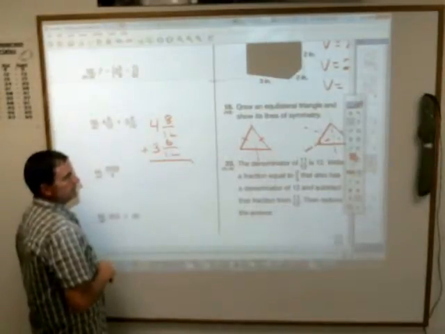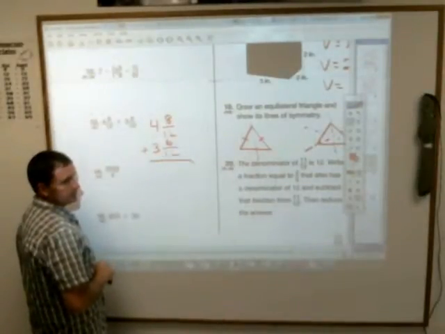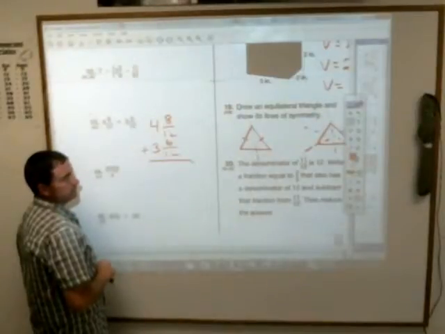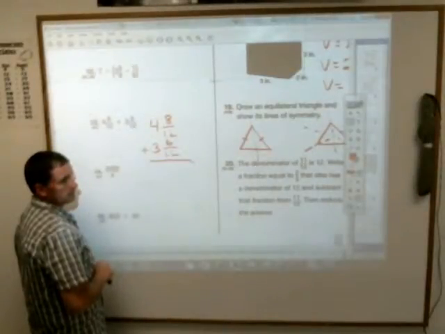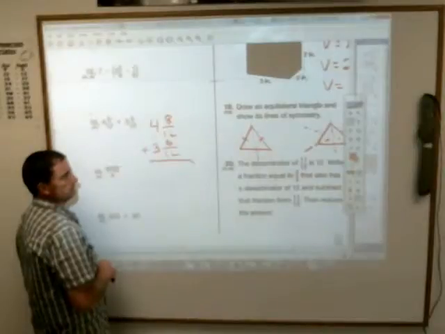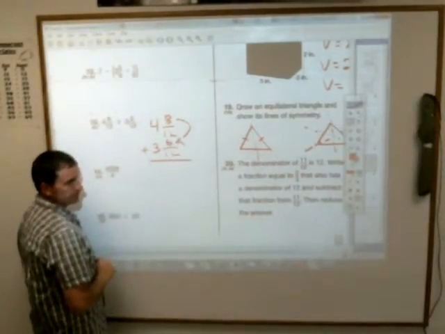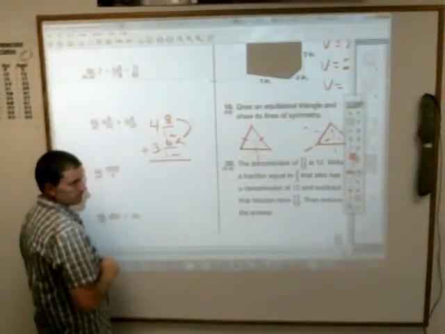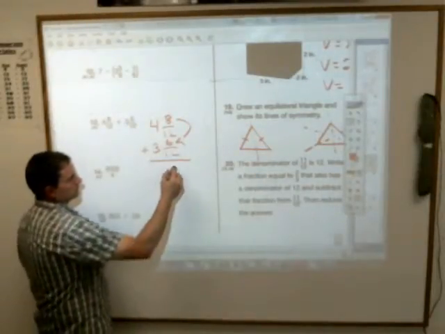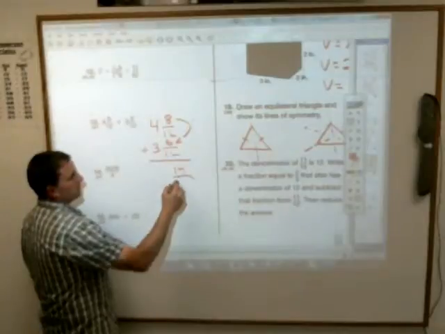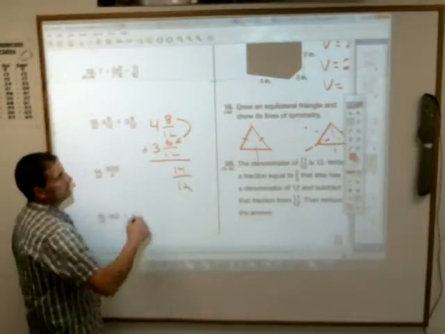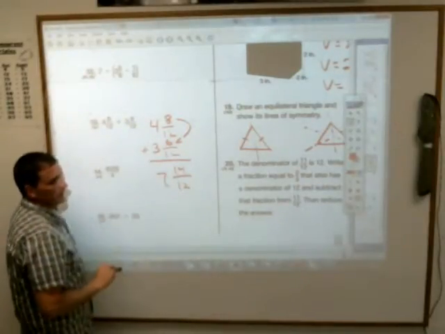Mason, sir. 8 twelfths plus 6 twelfths is? 14ths or 14. What do you get when you add 8 plus 6? 14. And what's the bottom number? 12. 4 plus 3 is 7.